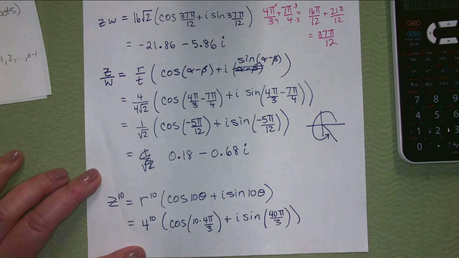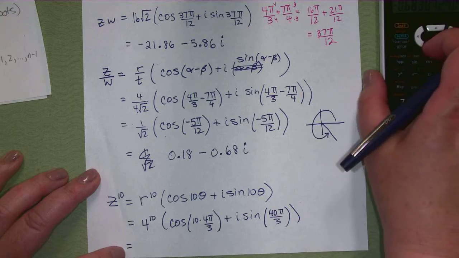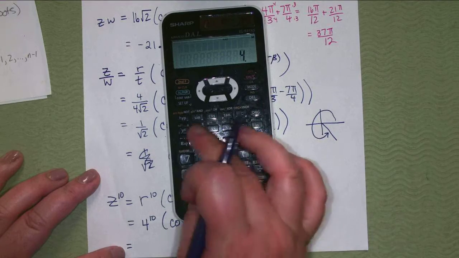4 to the 10 I would probably just leave as 4 to the 10, but let's see. You could do it. It's big.